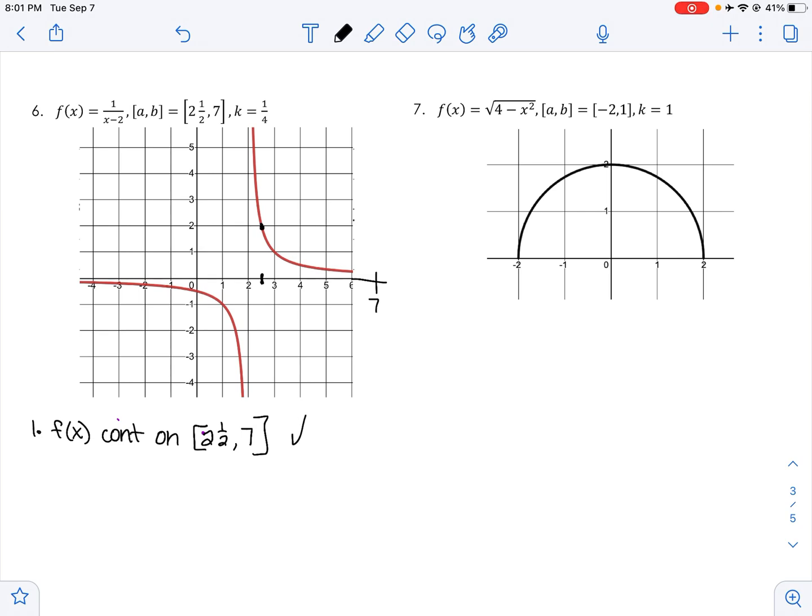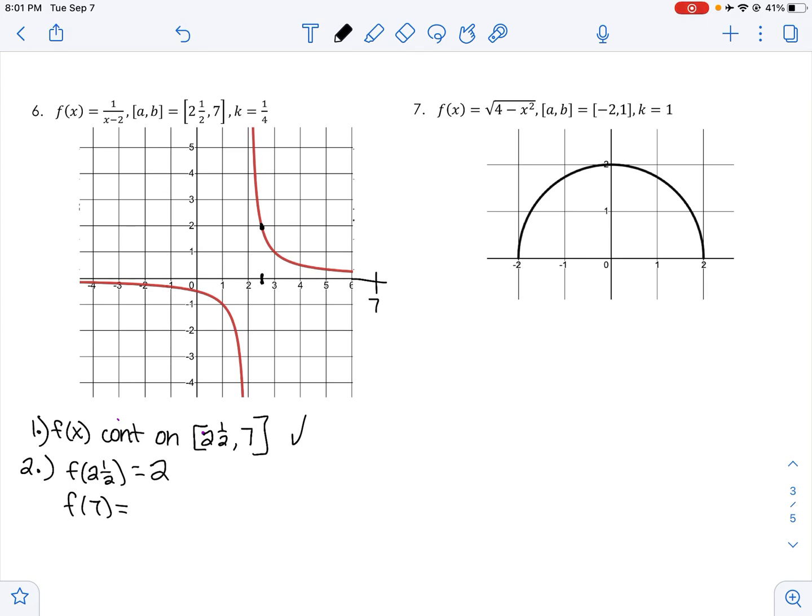Okay, now we need to determine what f of 2.5 would be and what f of 7 would be. And then we need to determine if 1/4 is in between those values. Okay, so f of 2.5, I plug that into the bottom. I get 1 over 2.5 minus 2, which gives me 1 over 1/2, and 1 over 1/2 is 2.